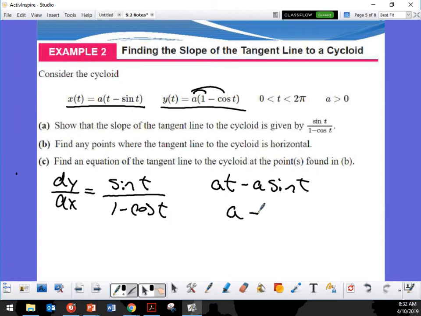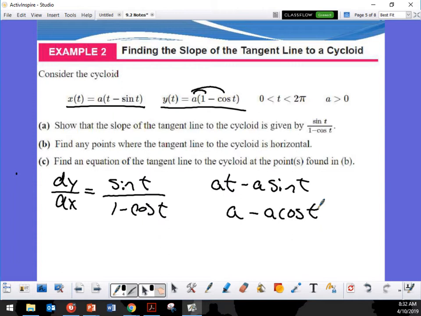Minus the derivative of sine, which is cosine. So this is going to be A cosine t. And again, in this case, A is 1.